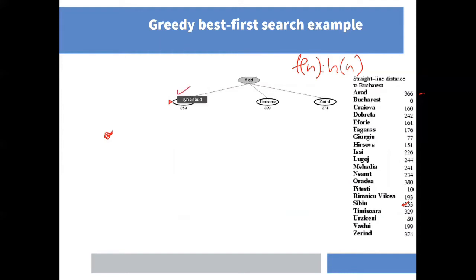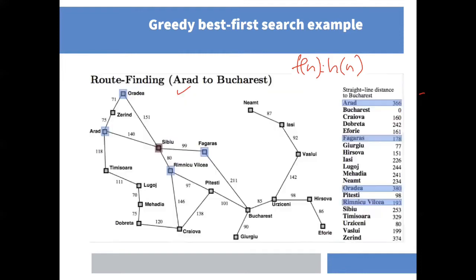And then from Sibiu, let's look at our options. We have Făgăraș, Rimnicu Vilcea, Arad, and Oradea. Let's take a look at our SLD table. The shortest is Făgăraș.